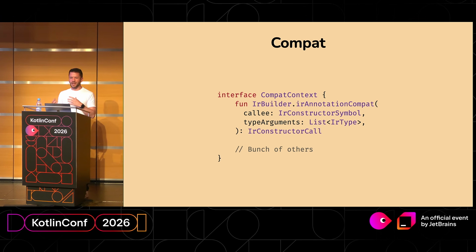If you've ever worked with AppCompat in past Android days for supporting different versions, it's a similar setup where we have this version-agnostic interface with a bunch of different compatibility functions in there. Metro will just talk to these, and then we'll have different implementations of this for different versions of the Kotlin compiler, and we'll load that up at runtime and then use one of those. That way it falls back gracefully when it needs to on older versions.